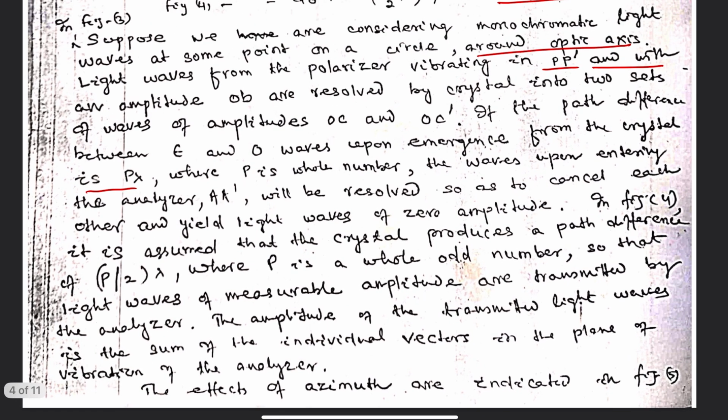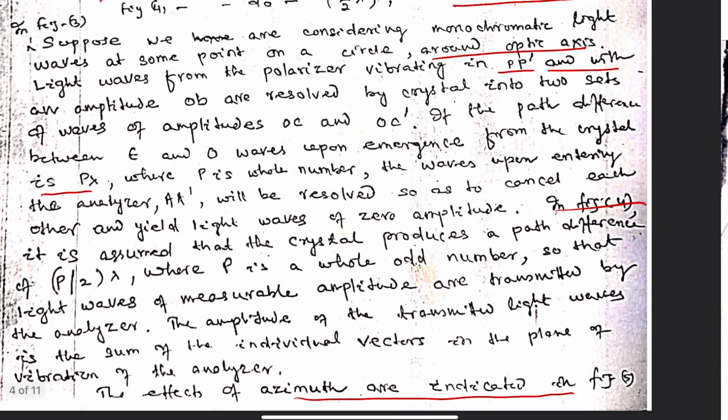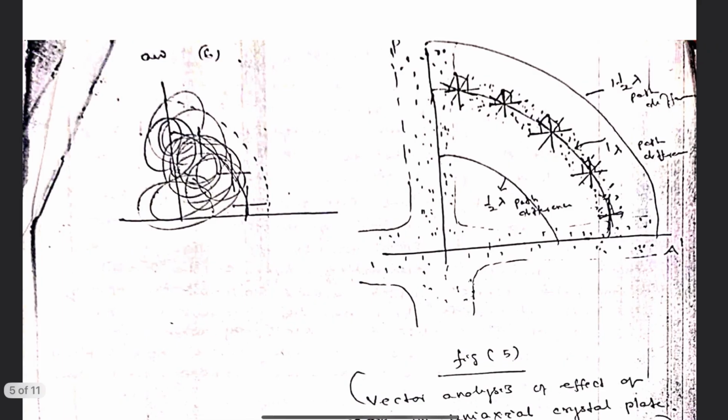Let us study the effects of this figure 4 and figure 3 in azimuth of inclined rings in figure 5. So this is one ring, this is one ring, this is one ring.